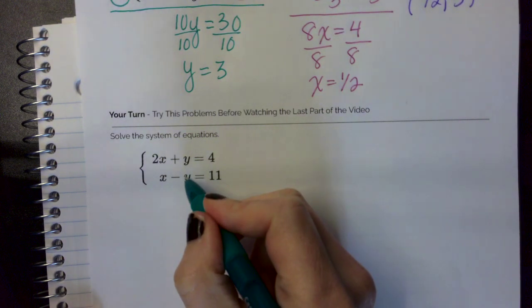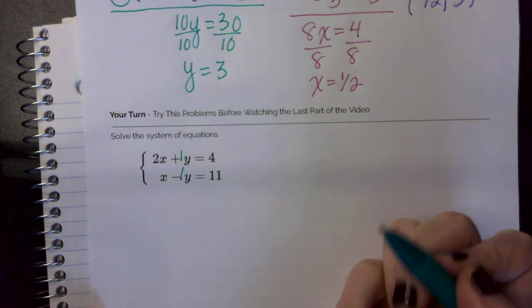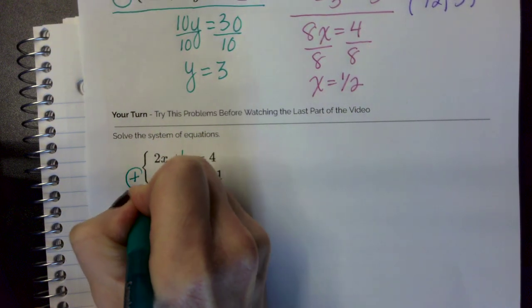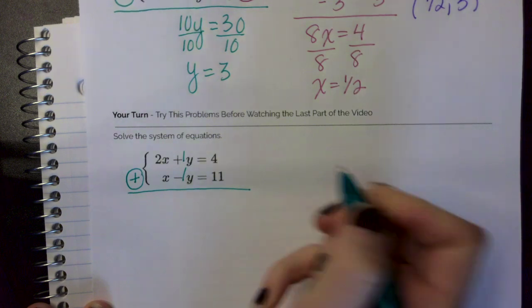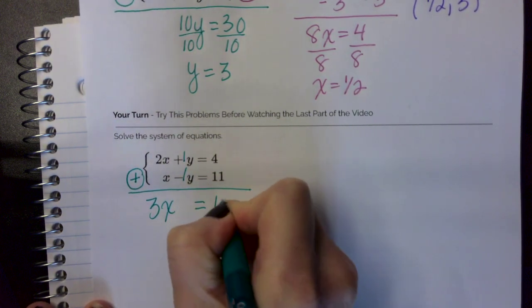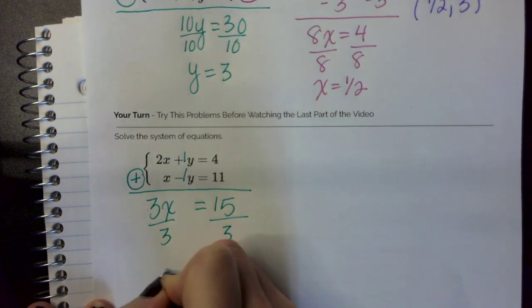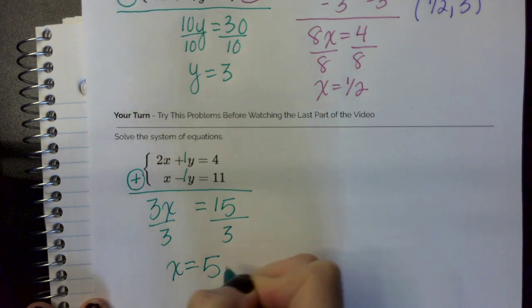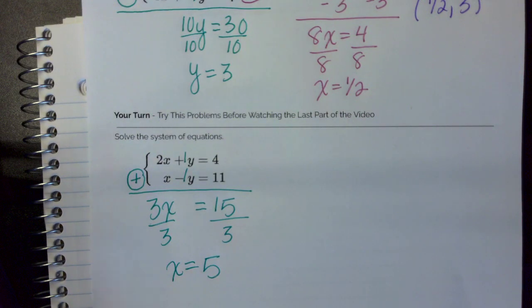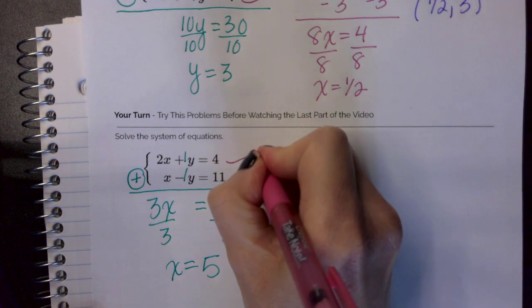Here we're going to eliminate the y's. So there's each a 1 in front of these y's. So if I add these equations together, it will eliminate the y's. We have 3x equals 15. Divide both sides by 3. x equals 5. And then using either equation, let's see, I'll do the top one that has the plus signs.